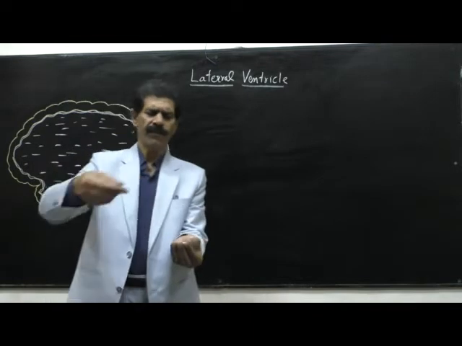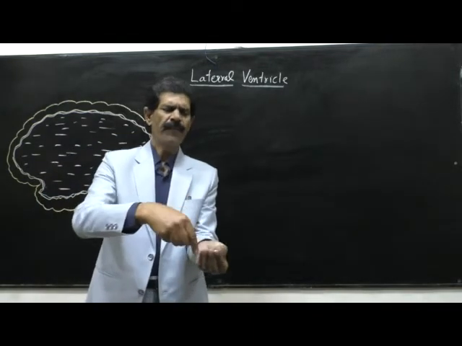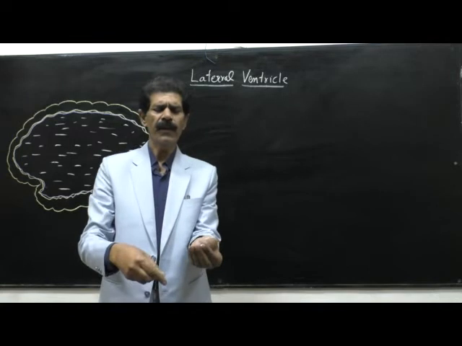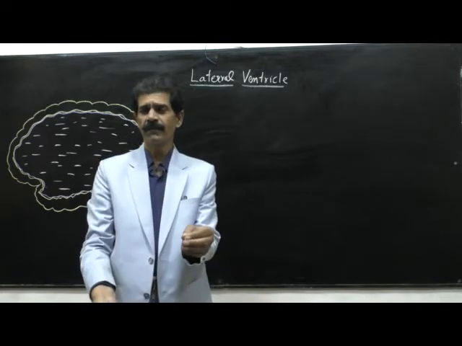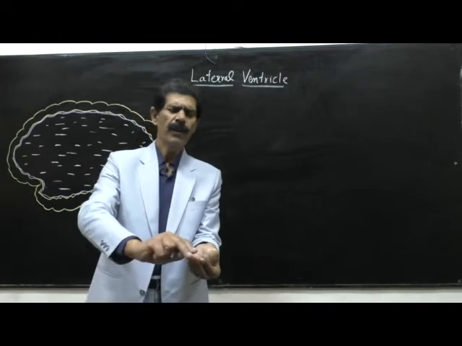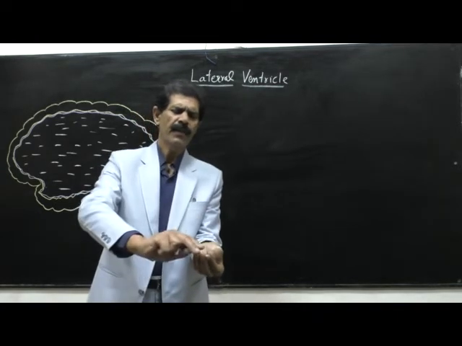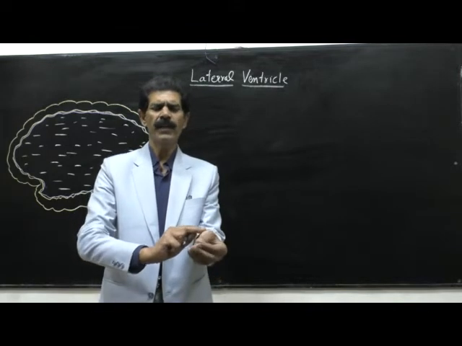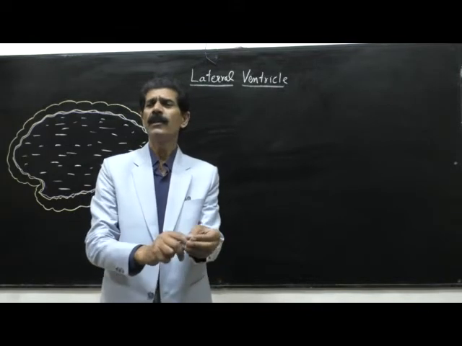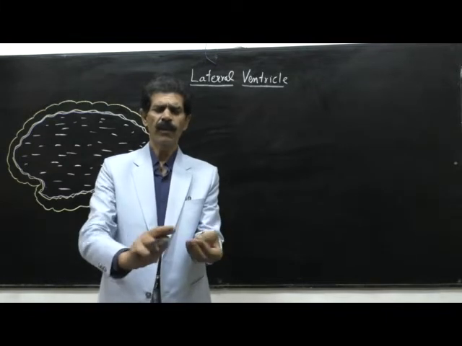Now put the CSF and fill the lateral ventricle. When we put it in the anatomical position, the CSF will come out. Now what do we do? Put the CSF and put a sellotape. Now put it in the anatomical position. Now the CSF won't come out because the sellotape is there.